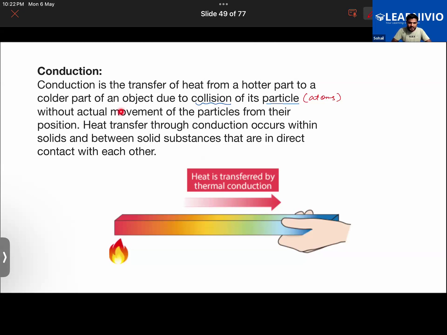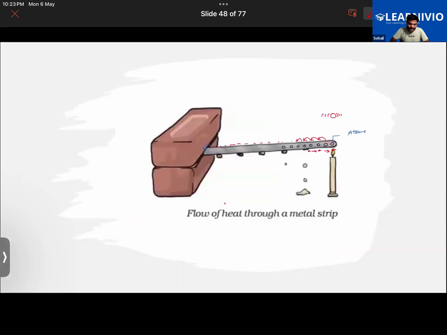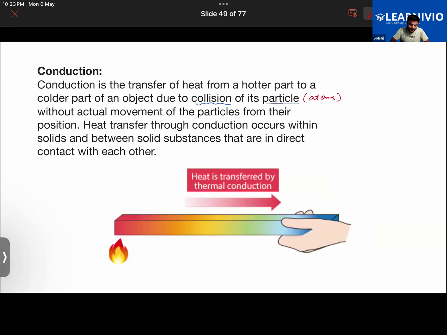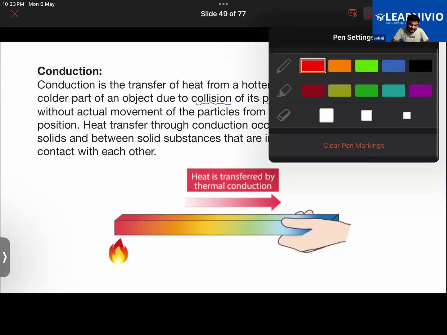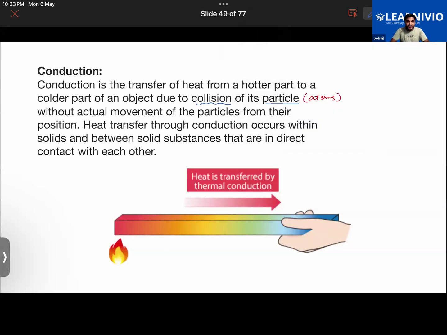Yes, sir. That line is very important: without actual movement of the particles from their position. And in which substances will heat be transferred through conduction? It will happen within solid objects or between two solid objects that are in contact with each other.